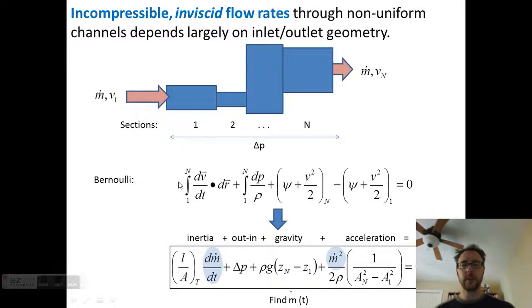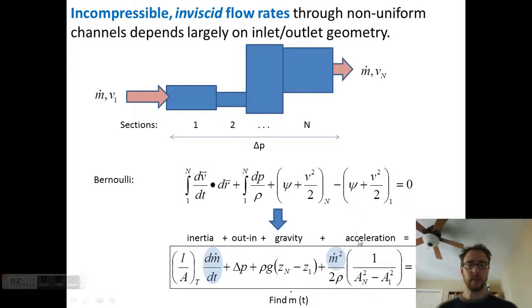So Bernoulli described the way that flow works with this equation here, and essentially we have an inertial term for the flow for bulk acceleration. We have various pressure drops, maybe due to a pump placed at a particular location that might cause a change in pressure across the pump. And then we have flow characteristics.